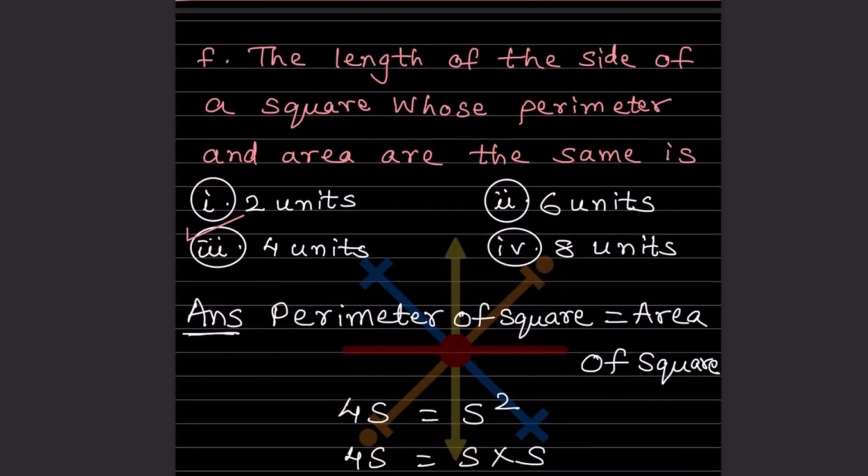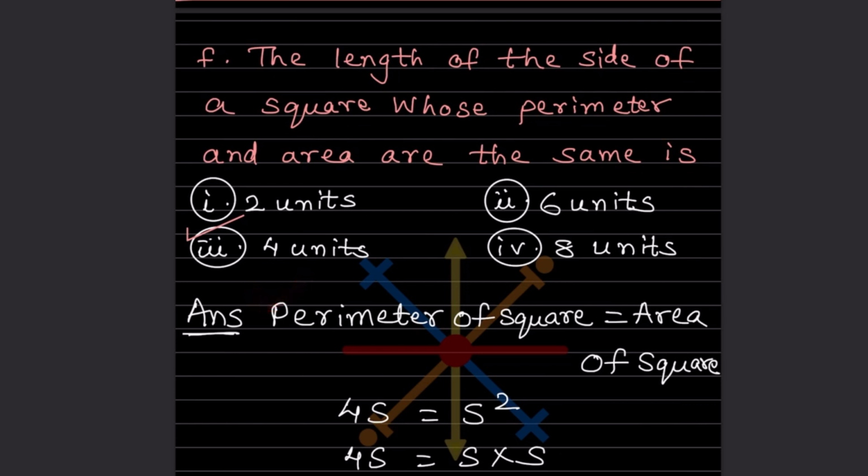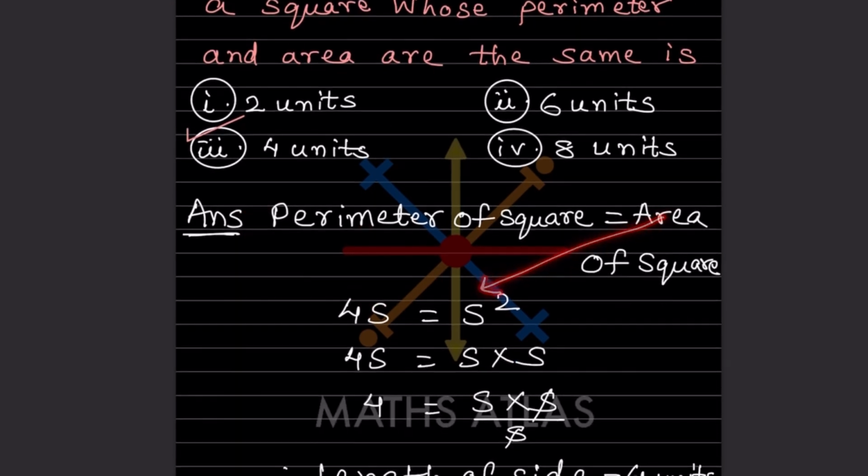So now the length of the side of a square whose perimeter and area are the same. See here, perimeter and area are same, and we have to find the length of the side of a square. So now what will I do? First thing we will write, because this is perimeter and this is area, perimeter of square is same as area of square. So what is the formula for perimeter of square? This is very important. Perimeter of square means the formula is 4s, and area of square, the formula is s square. So what are you going to do?